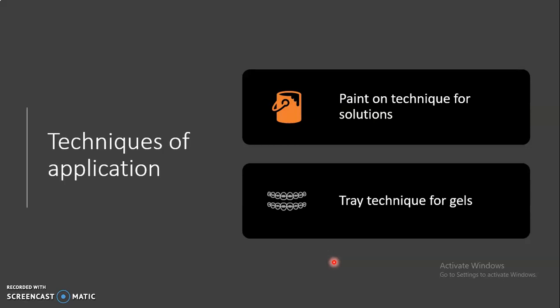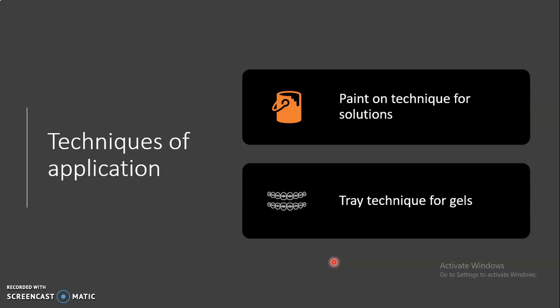Before going to that, usually these are available either as solutions or gels, and when you talk about the technique of application, there are two methods: the paint on technique, which is used for solutions, and the tray technique, which is used for gels. With the paint on technique, the teeth are isolated and the solution is just painted onto the tooth structure.